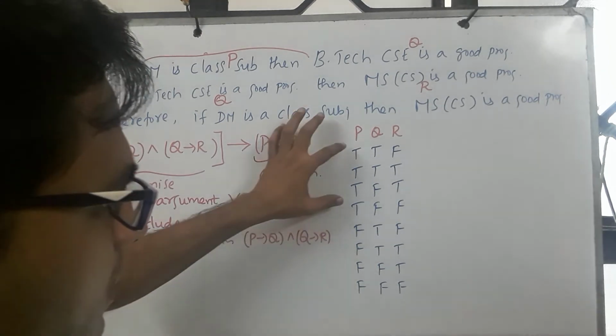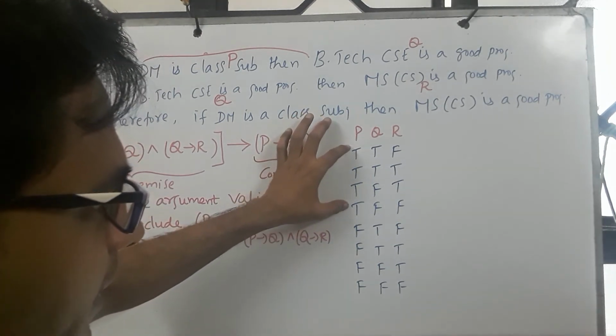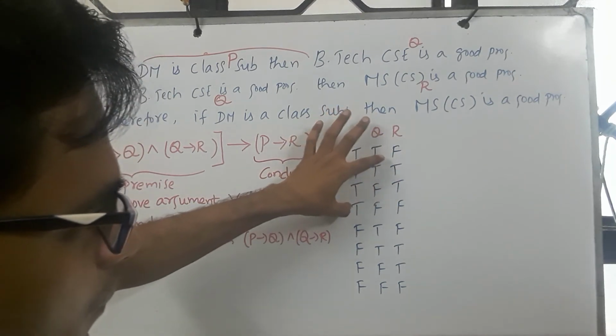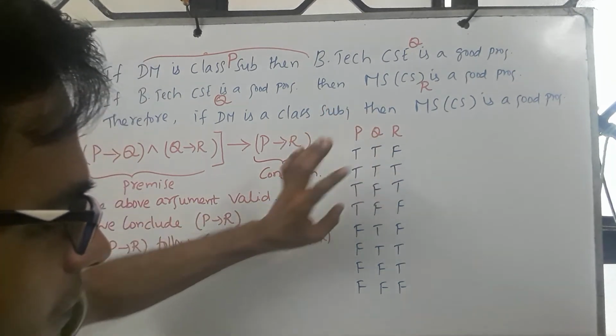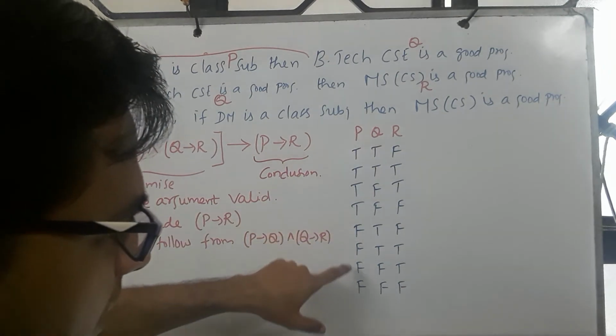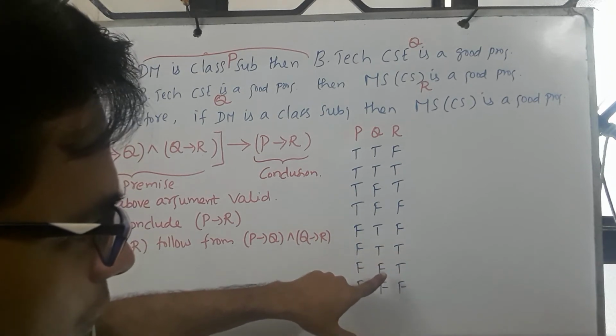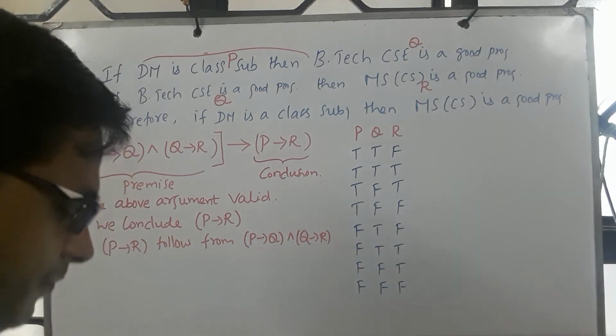When P is taking true, Q and R can take possible values true true, true false, false true, false false. Similarly, when P is taking false, Q and R can take true true, true false, false true, and false false.